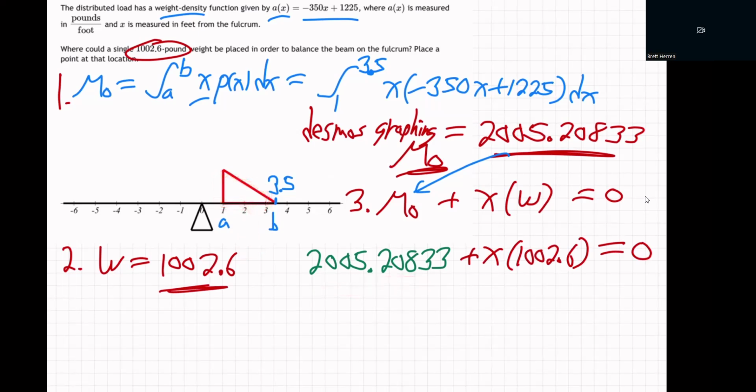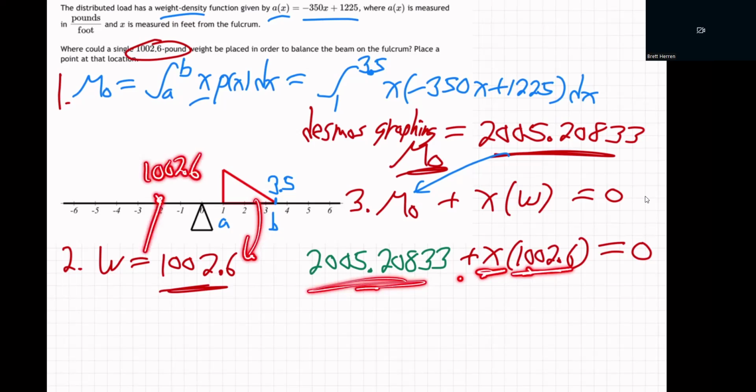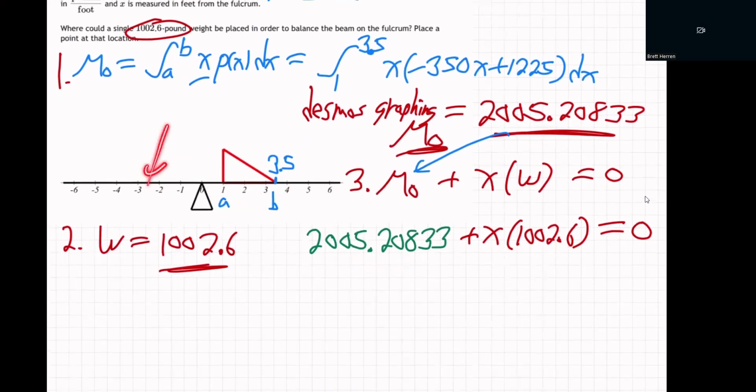The further you put the same weight, the stronger it tends to pull down. It's called a moment arm. So it produces a moment there, but we want to know at what position x we put the 1,002.6 pound weight so that it will exactly counter this whole triangle shape on the right side. Somewhere over here on the left, we're expecting a negative answer, right?